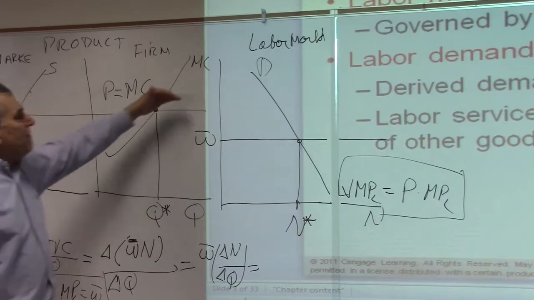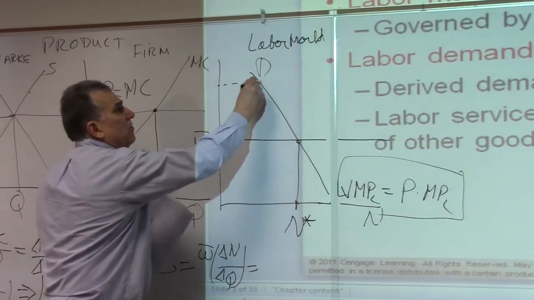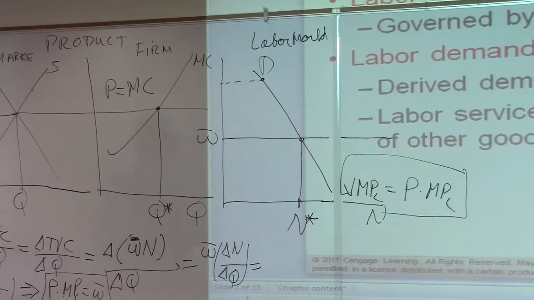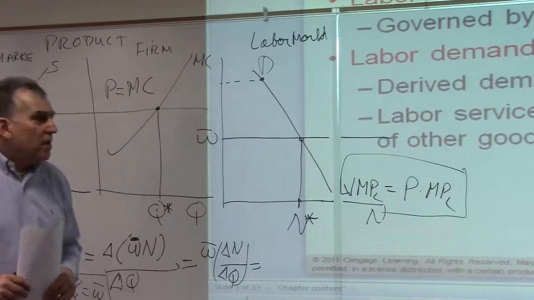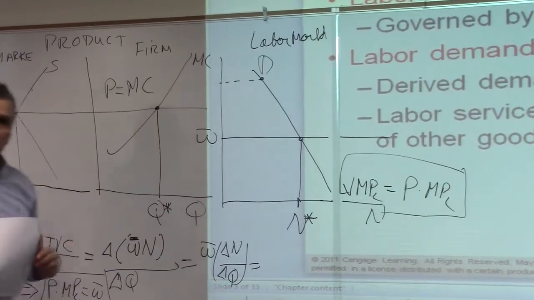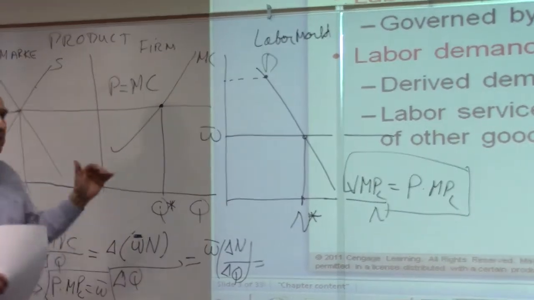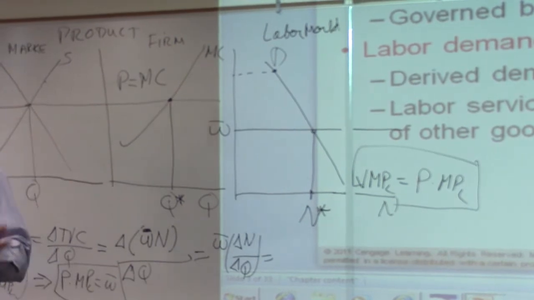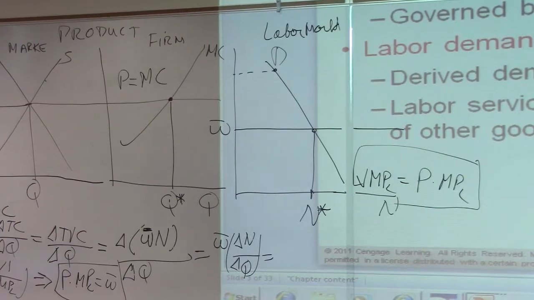Whatever the wage rate is, the firm goes across to the demand curve and asks, what is the marginal product of the workers? And that's how many workers are hired. Let me put it another way. Let's say W bar is the wage rate that the firm faces. This wage rate is determined in perfectly competitive labor markets where there are a lot of workers supplying labor and a lot of businesses.